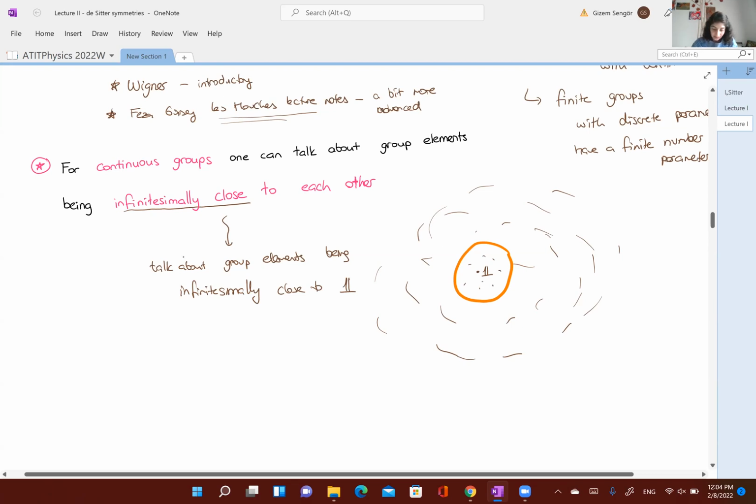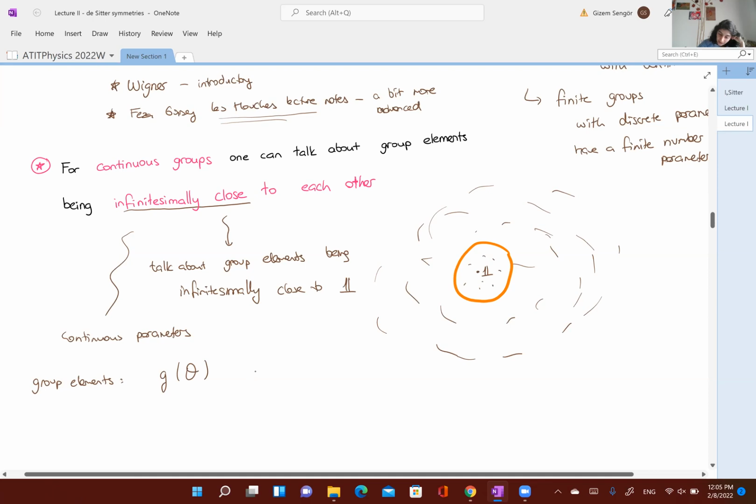This also means, because you can have these infinitesimal changes and you have continuous parameters, that the group element can be denoted as functions of these parameters.